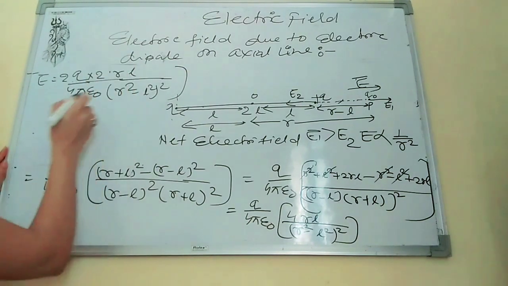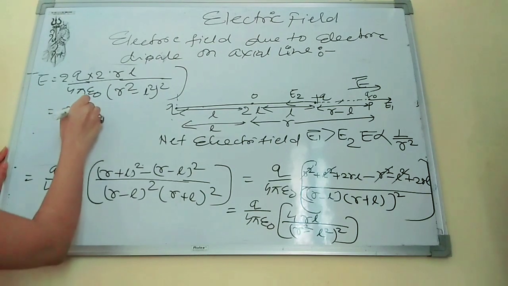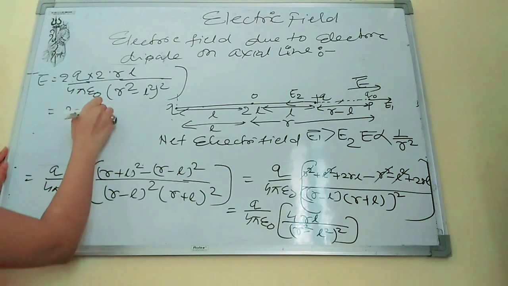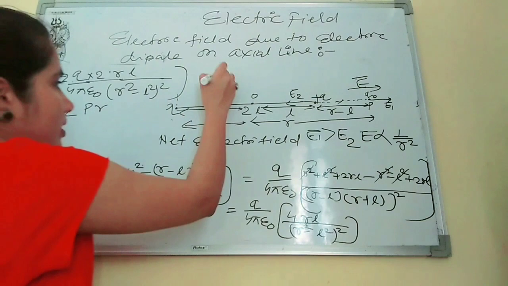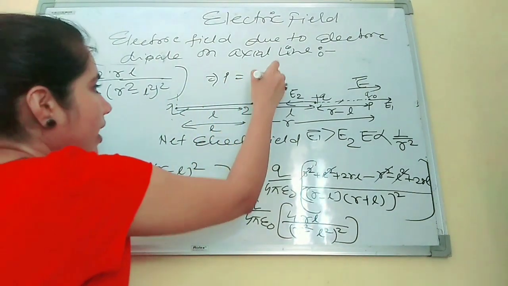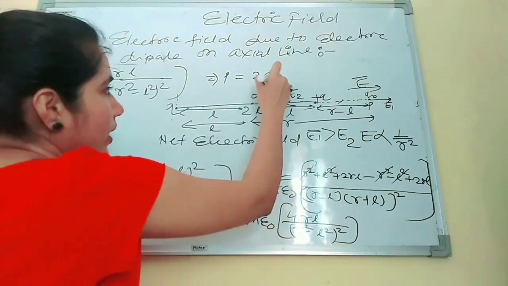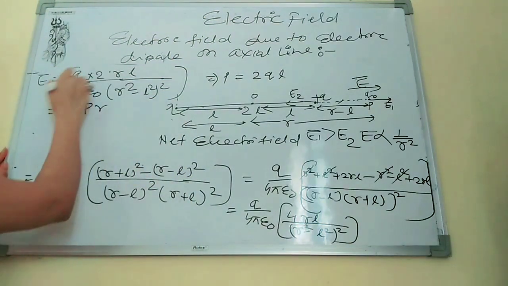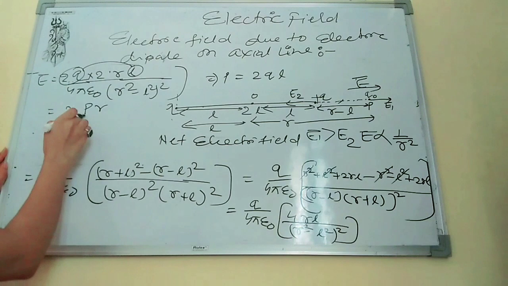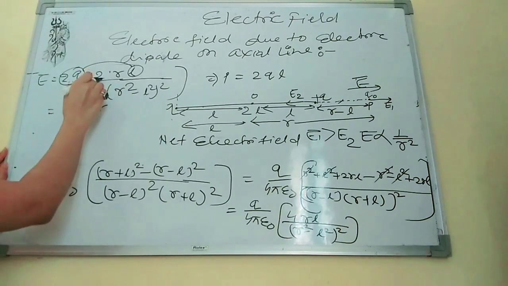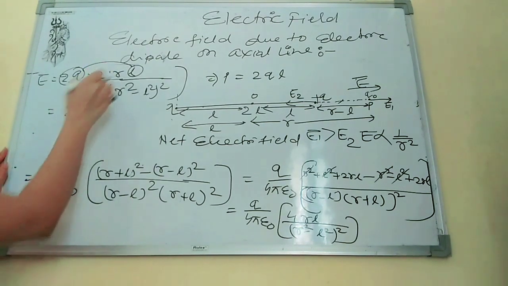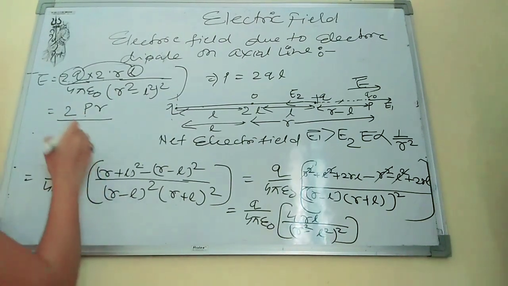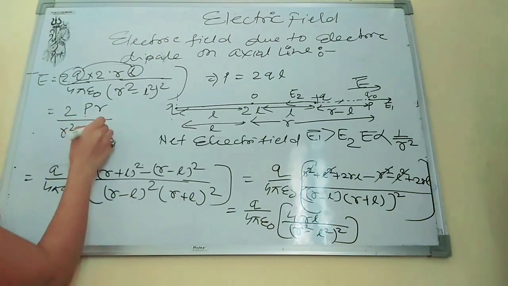So we simply put it as p, 2rp, because the value of p is 2qL, and from this 2qL will become p, and simply we will get 2rp upon r square minus L square.